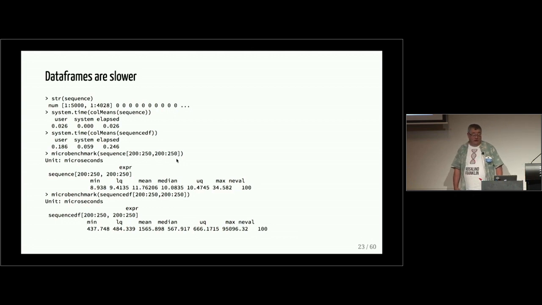But if we turn it into a data frame, taking the column means of the data frame takes about 10 times as long. So data frames have a lot of extra information and structure in them that lists and matrices don't, but there's a fairly substantial computational penalty for that, for big ones, either a lot of rows or a lot of columns or both.